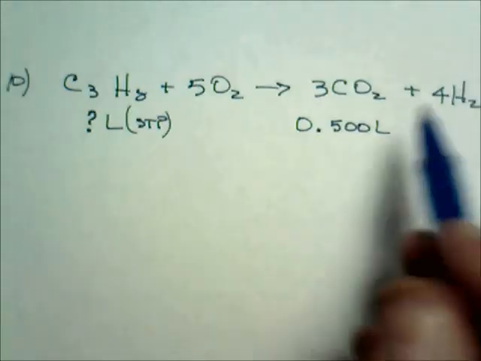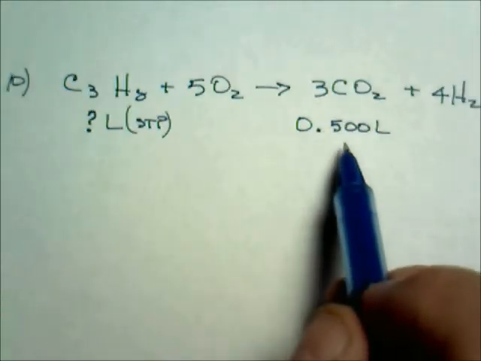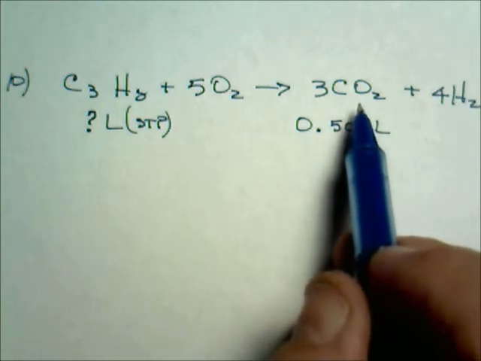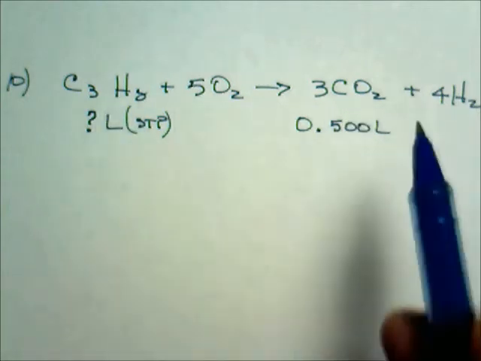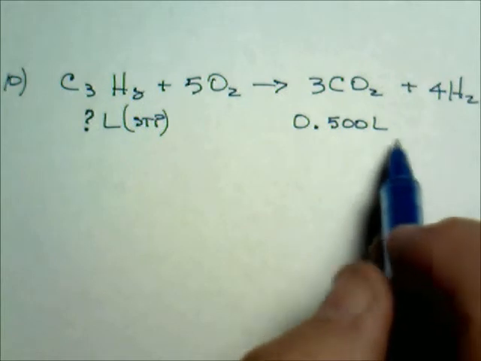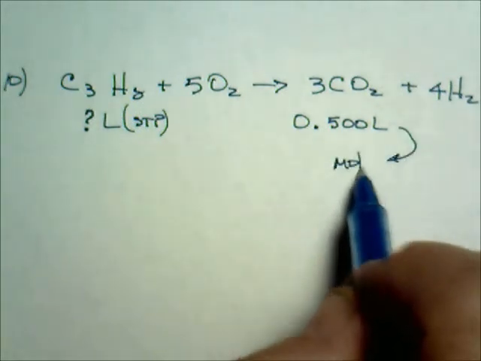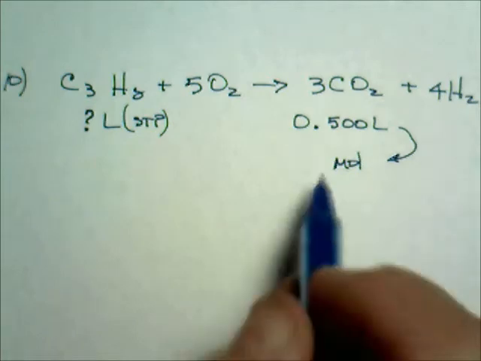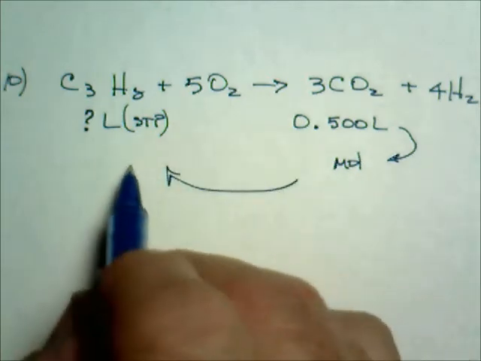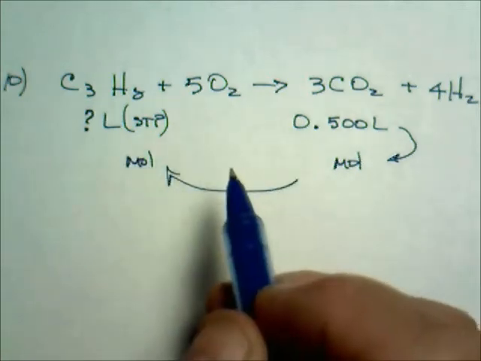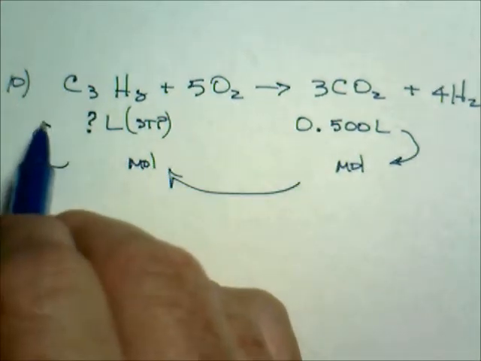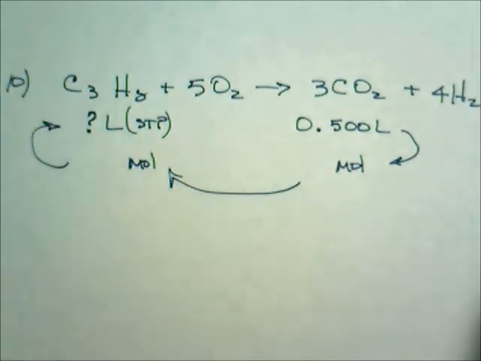Okay, number 10, we're given that we have 0.5 liters of carbon dioxide, and we're looking for liters of propane. So our first step then is to convert to moles of carbon dioxide. From there we're going to find moles of propane, and then we're going to convert back to liters of propane.